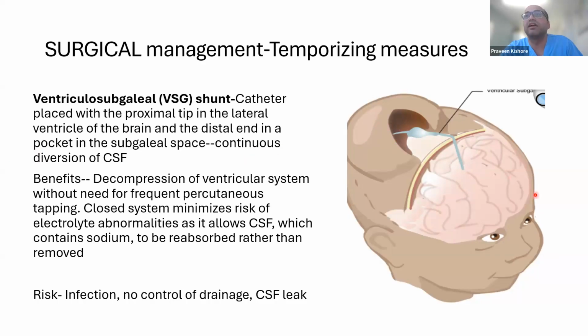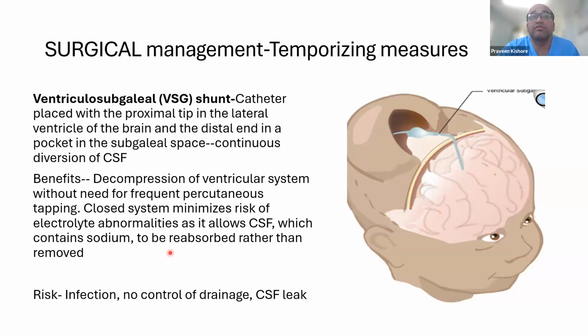As a result, anytime the pressure increases, fluid flows into this subgaleal space. So you will see the subgaleal space become bigger. There's enough space because that space is really compliant. So decompression can happen without need of frequent tapping. Because it's a closed system, the CSF gets absorbed slowly. It does not cause any electrolyte abnormalities.